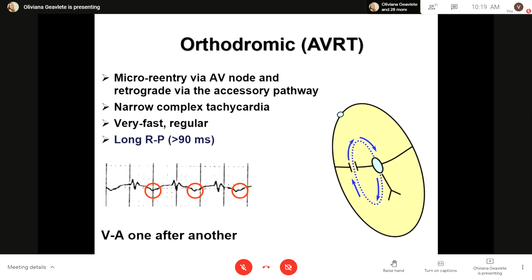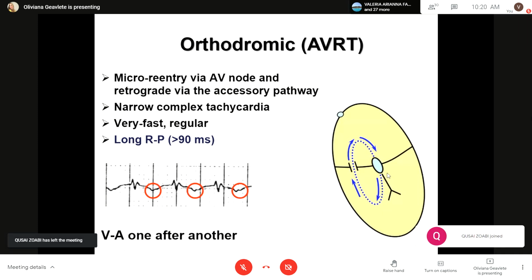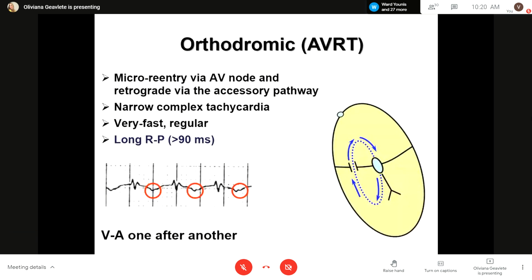The name comes from the way the impulse is conducted through the normal AV node, through here, and back retrograde through the accessory pathway. As a result, the ventricles here are normally depolarized, so normally activated. And the QRS complex would be how?